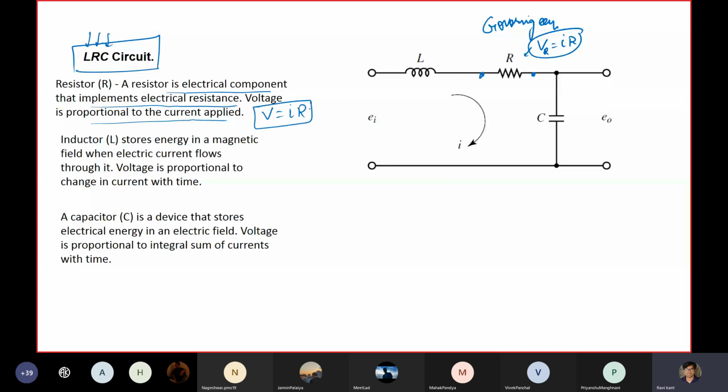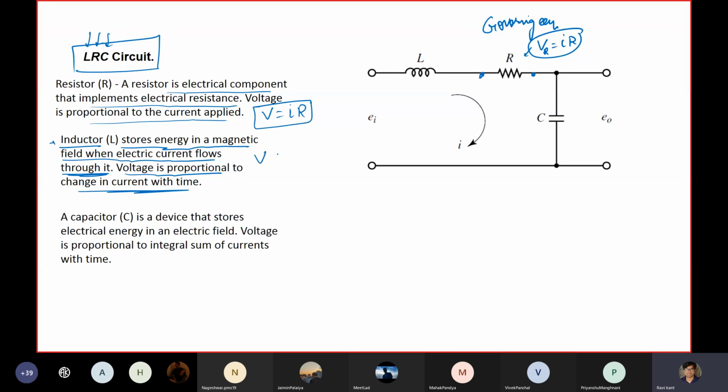But the inductor is something else, some other component. It stores energy in a magnetic field when electrical current flows through it. Here the voltage is proportional to the change in current with time, so di by dt.